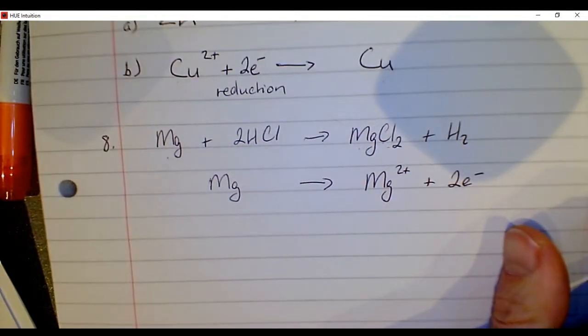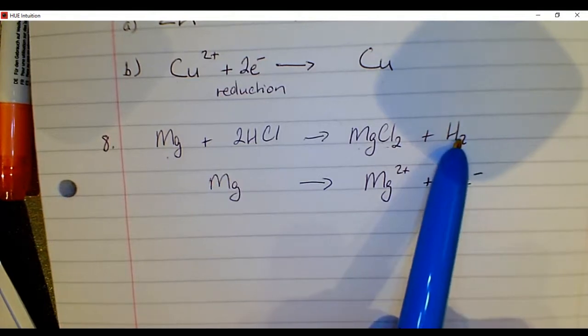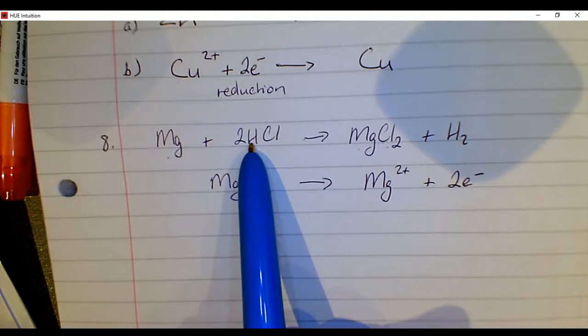Now it's not really obvious what the other one is. But it is actually hydrogen. You know that because hydrogen is forming the element here and it was in a compound here. And hydrogen in hydrogen chloride or hydrochloric acid is H+.